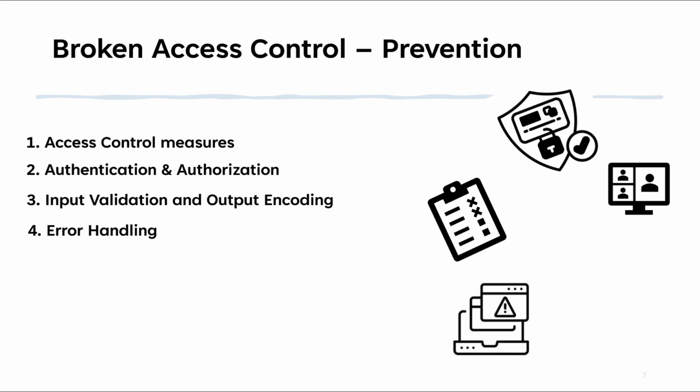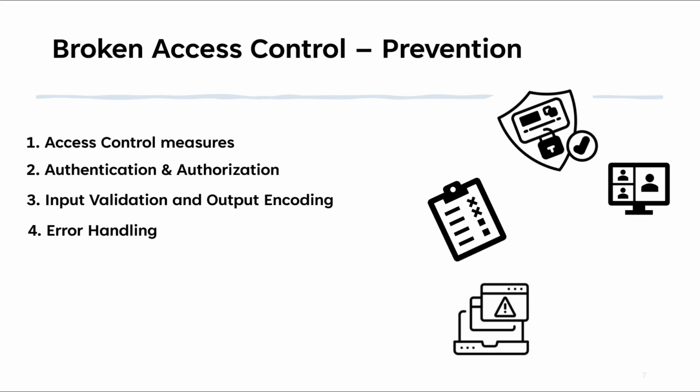The next one is error handling. Access control errors can occur due to various reasons such as incorrect user inputs, system failure, and unexpected conditions. It's important to implement proper error handling mechanisms to prevent attackers from exploiting such errors to gain unauthorized access.